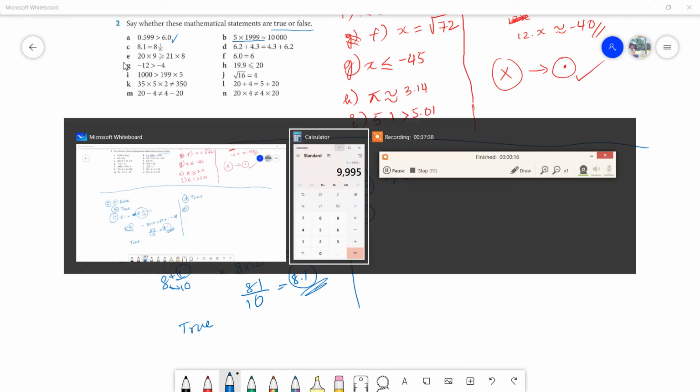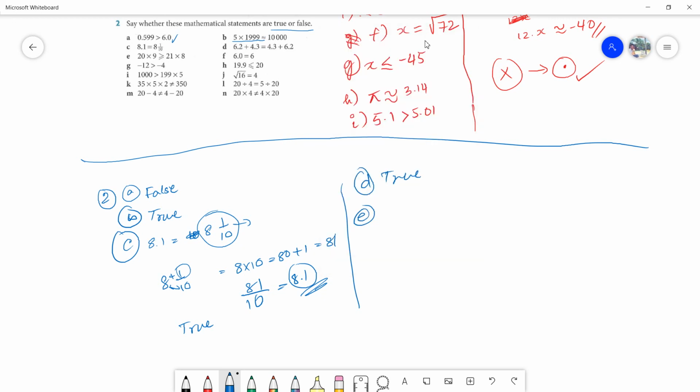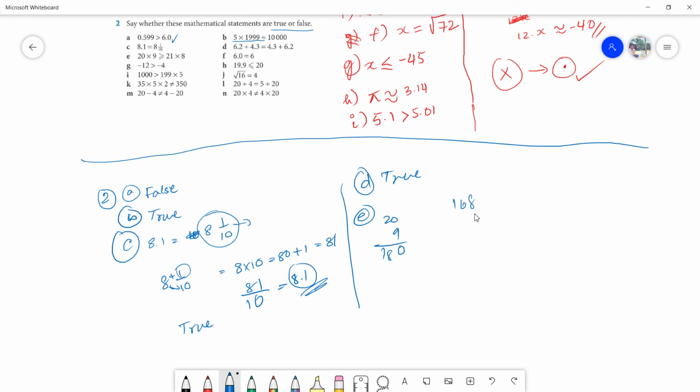Let's check this. 21 times 8 is 168, and 20 times 9 is 180. So hence the statement is correct because this side is greater, so it's true.